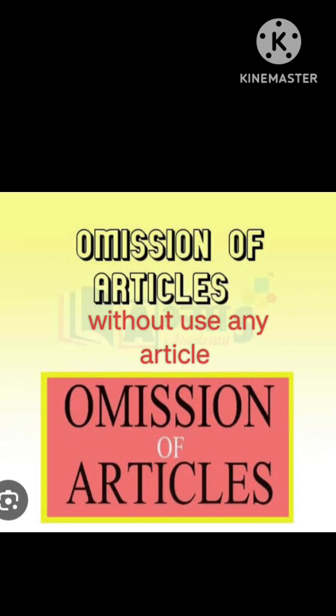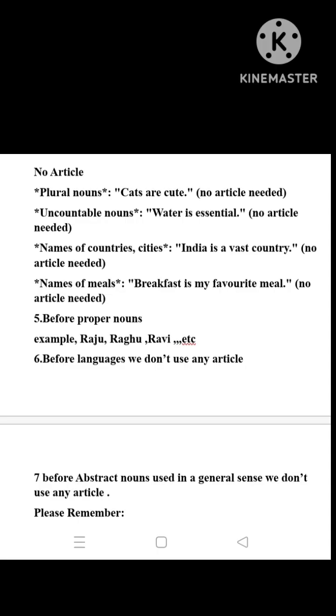In some cases we don't use any article. There is an omission of articles. We don't use an article with plural nouns, like cats are cute. No article needed. With uncountable nouns, water is essential. Here water is uncountable, so we don't use any article. Next, names of countries and cities, like India is a vast country.